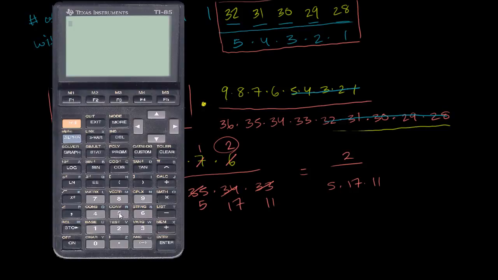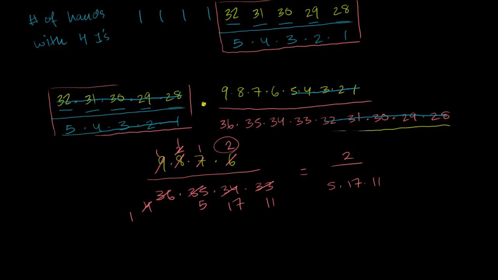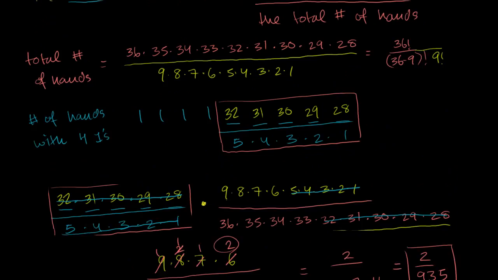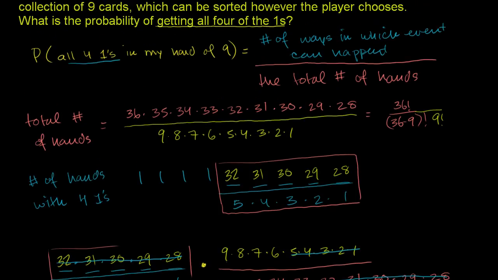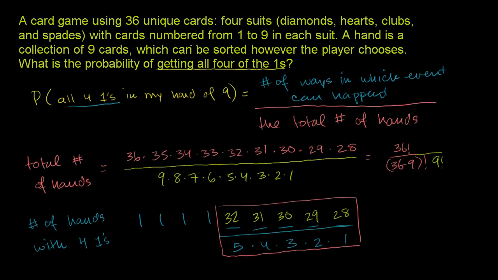This was kind of an involved problem. 5 times 17 times 11 is equal to 935. So it's equal to 2 over 935. So about roughly 2 in 1,000 chance, or 1 in 500, roughly speaking, this is the exact odds. You have a roughly 1 in 500 chance of getting all 4 of the ones in your hand of 9 when you're selecting from 36 unique cards.